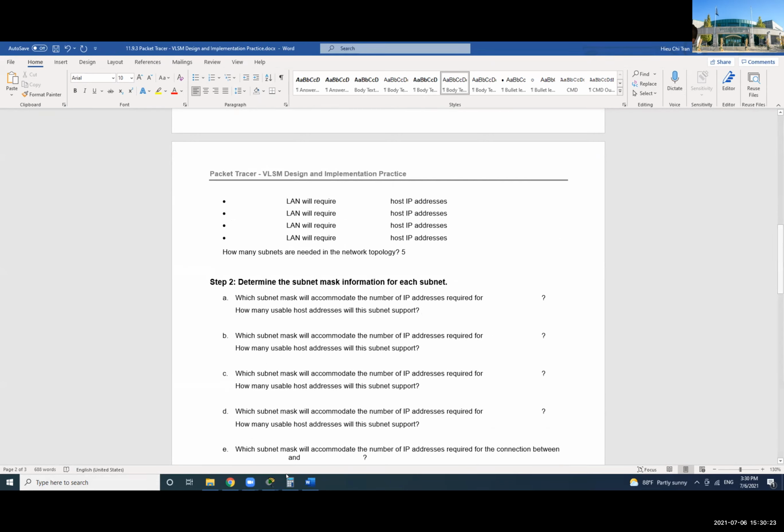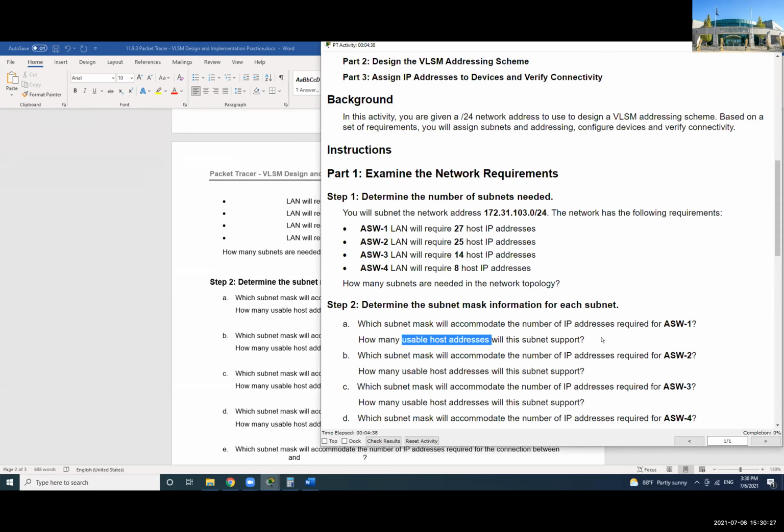You need 5 bits for this one here. So if you have 5 bits in the host portion, how many usable addresses do you have? We have 30 usable addresses. Yeah, right. Because 2 raised to the power 5 is 32, minus 1 for the network, minus 1 for the broadcast, you have 30 here.